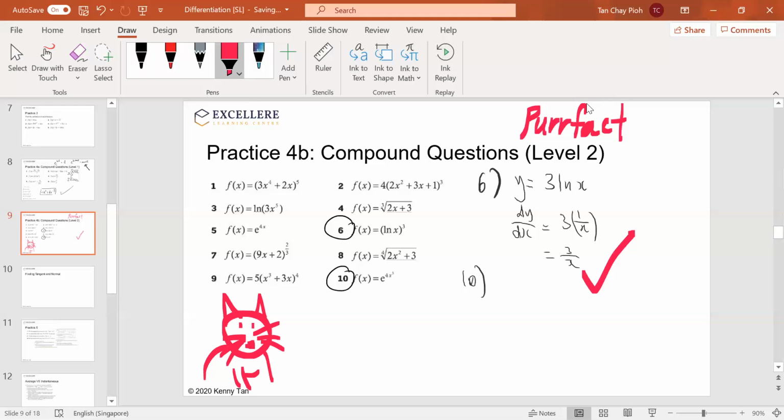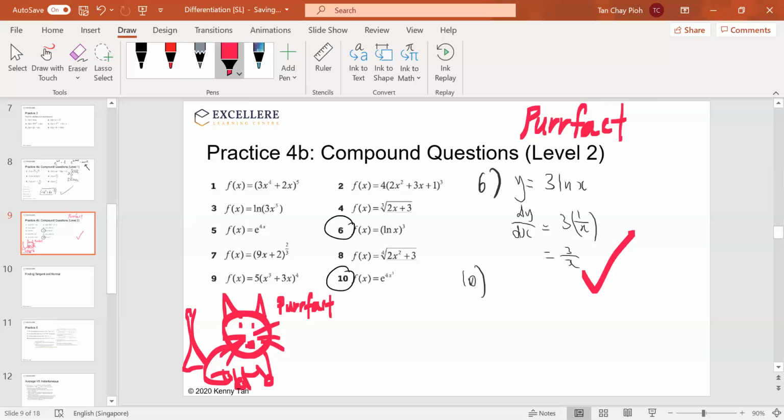Oh my god, I still can't do e to the 4x. Are you serious? Is that a dog?